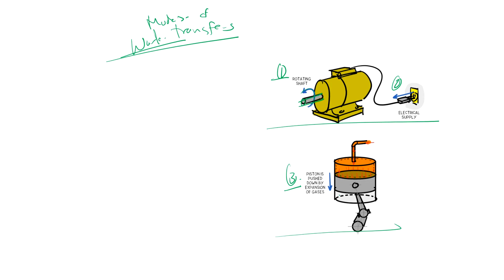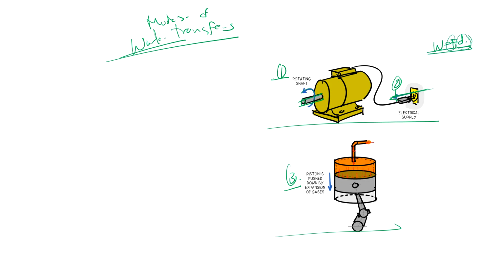Okay, another one is this electrical supply. So electrical supply is also considered as a work transfer mode, although it's not the basic description of work from mechanics, that work is equal to force times distance.